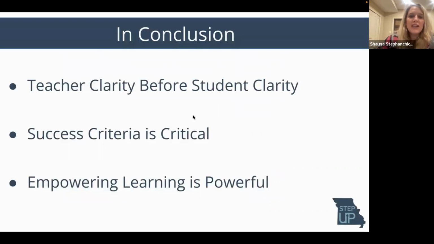So in conclusion, teacher clarity before student clarity. As teacher learning precedes student learning, teacher clarity precedes student learning. Success criteria is critical. So I would liken success criteria to also those prerequisite and exemplar examples of what does proficiency look like. But the end conclusion with including students is that empowering learning is powerful.